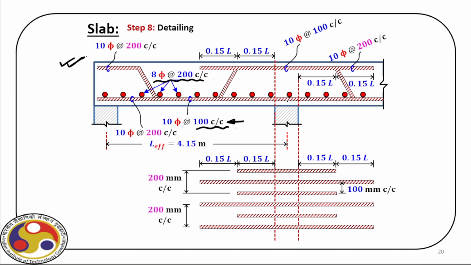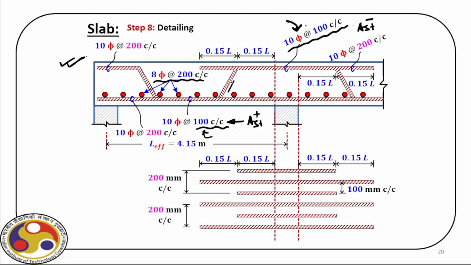Then over this support, we have this from AST negative, and we have actually provided AST negative in AST positive also. And that's the reason you can see here we have the same diameter and spacing over the support and in the midspan.